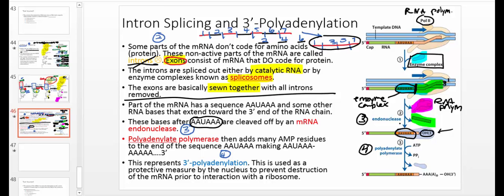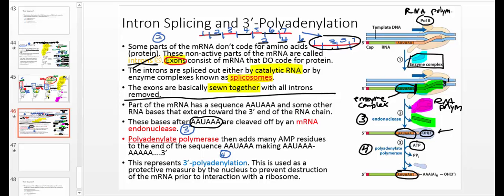Now what I'm going to do is use polyadenylate polymerase. What this enzyme does is it uses the ATP molecules in the nucleus. It uses a bunch of ATP molecules and attaches them sequentially to the AAU-AAA. So notice, I still have this AAU-AAA right here.